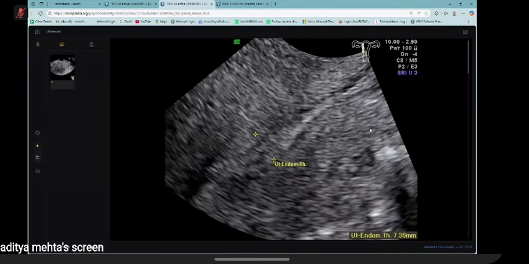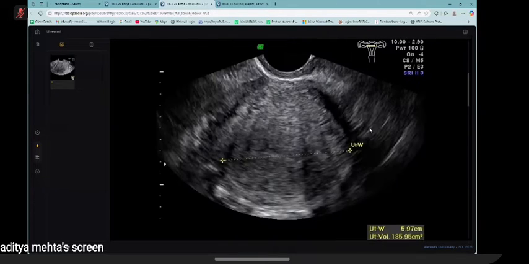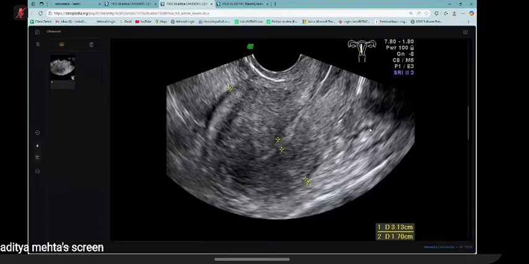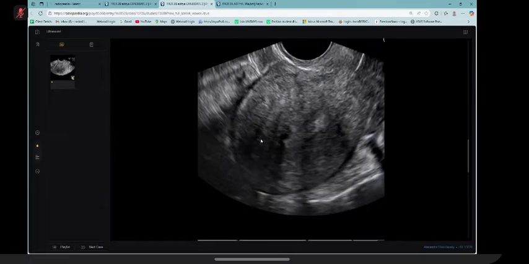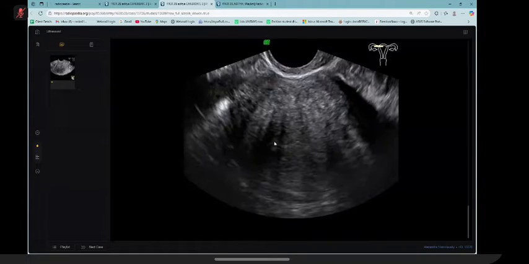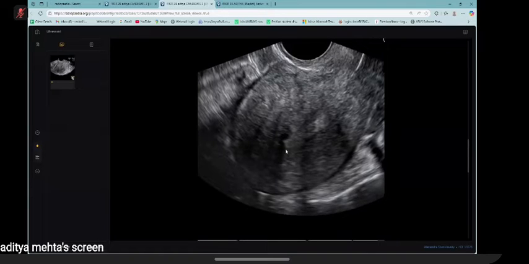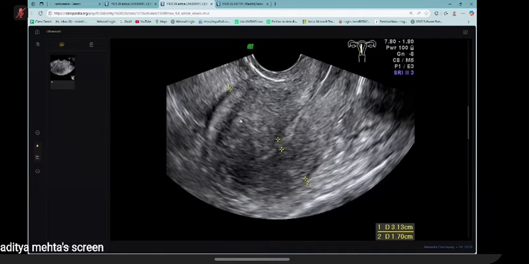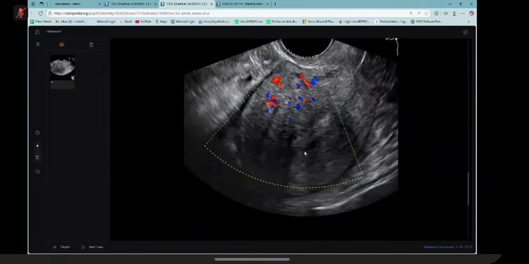These are grayscale transvaginal ultrasound images of a patient having a history of dysmenorrhea. I can appreciate the uterus. It is anteverted. I'm looking at the junctional zone.